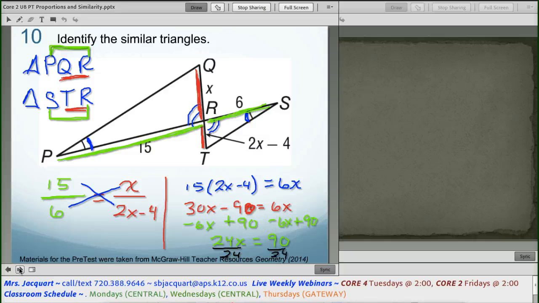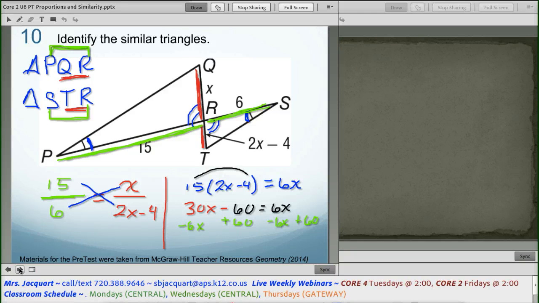Oh, I messed up. I messed up. It was 60, not 90. Fifteen times 4 is minus 60. So add 60 minus 6x.